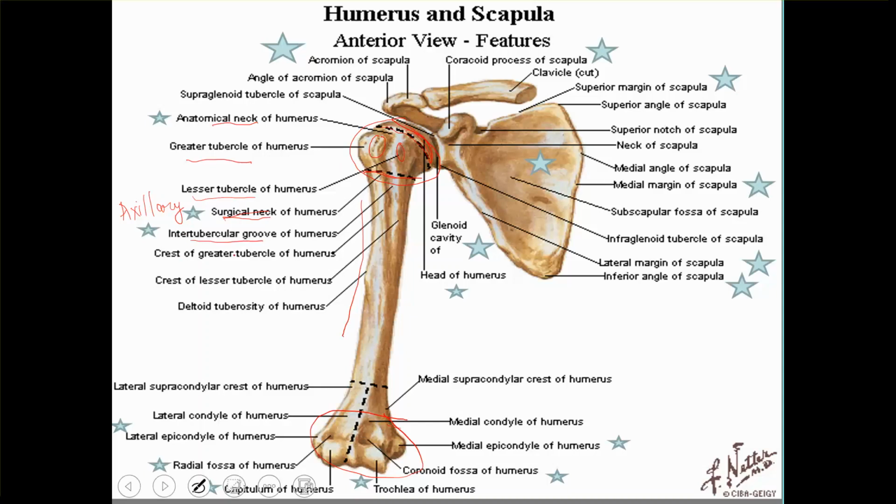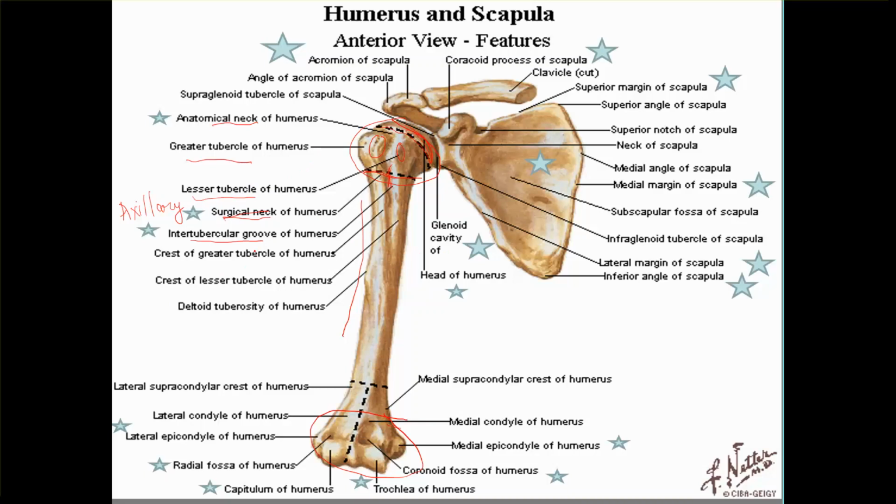Can you see some kind of a depression? That is called the intertubercular groove. So that's all about the upper end. It has the head and the two tubercles: the greater tubercle, which is lateral, and the medial tubercle, which is also called the lesser tubercle. Then in the shaft you can look for the intertubercular groove.